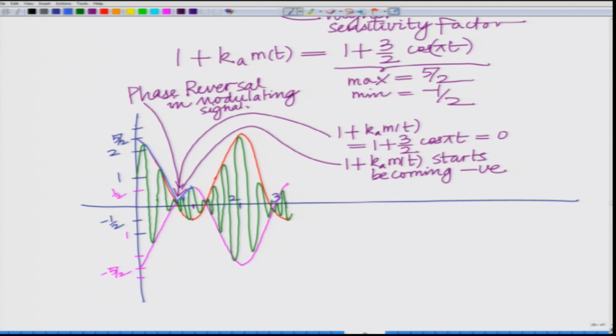So, instead of tracking the correct envelope, you are going to track a distorted version of the envelope. So, this leads to envelope distortion.